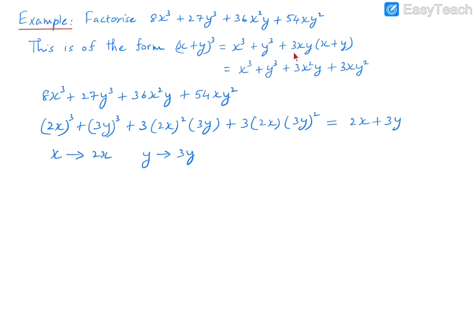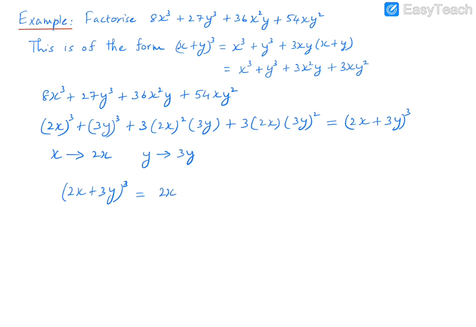So this resembles the identity for x plus y the whole cube, wherein in place of x we have 2x and in place of y we have 3y. So it's 2x plus 3y the whole cube.